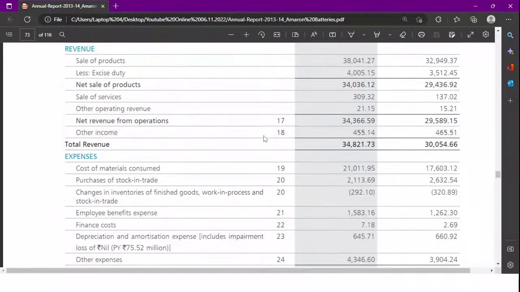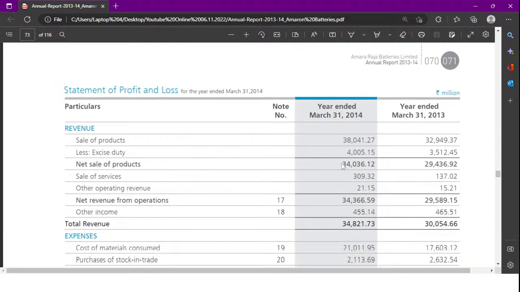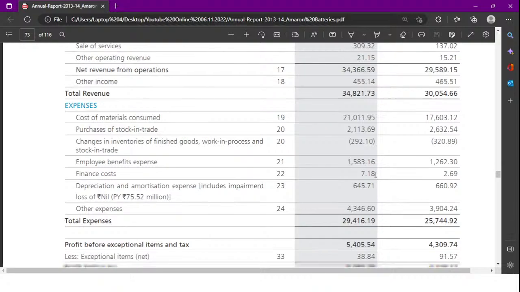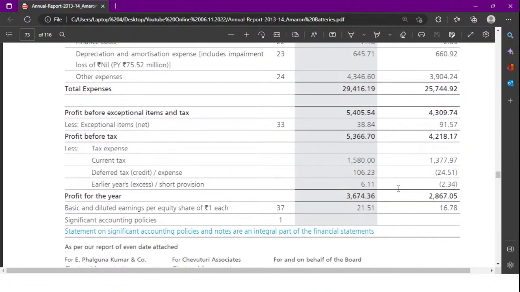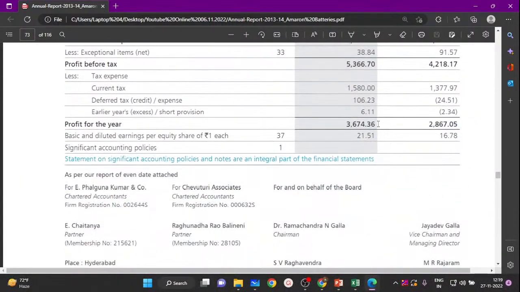See, friends, this is the profit and loss of Amron battery. Amron battery means Amara Raja, that company. The brand name is Amron battery. If you see, the company has a total profit of 2867 in the year 2013 and 3674 in the year 2014.